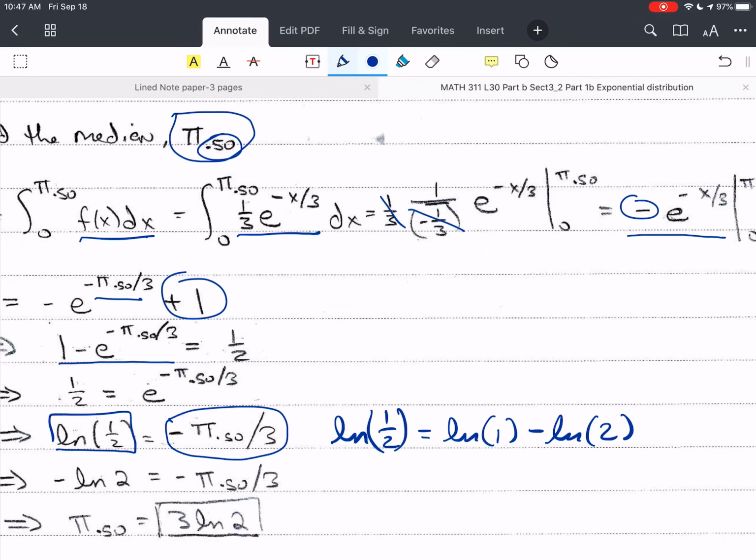And ln of 1 is 0, because this is log base e: e to the y equals 1 only if y is equal to 0. Okay, so I can always remember that log 1 is 0. And so this leaves us negative ln 2 is equal to negative pi sub 0.5 divided by 3. We solve for that, and we get 3 ln 2.